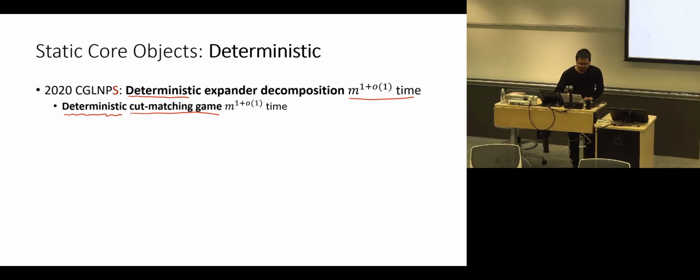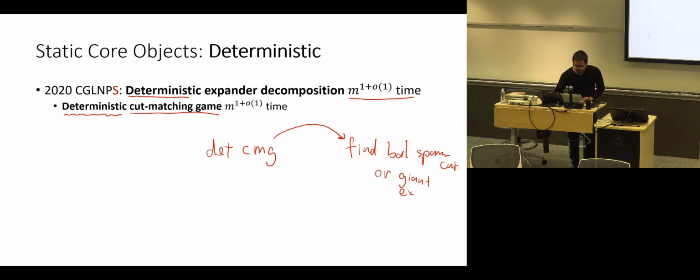We do the same thing to get a deterministic cut matching game. It's enough to find a balanced sparse cut or get a giant expanding set.